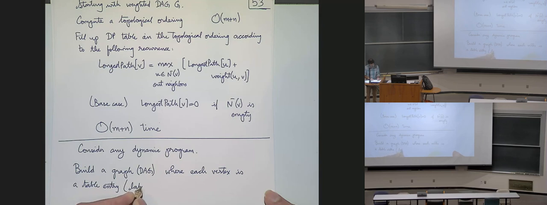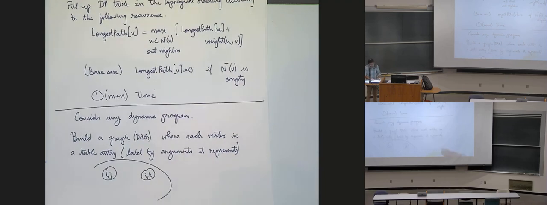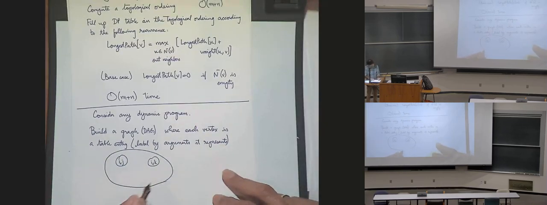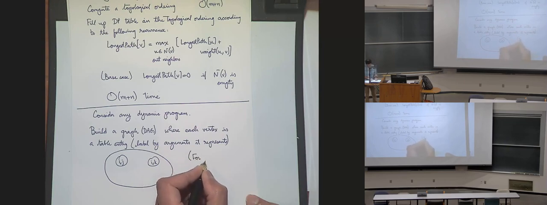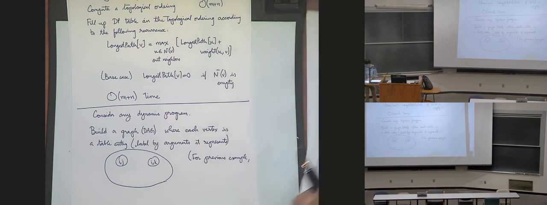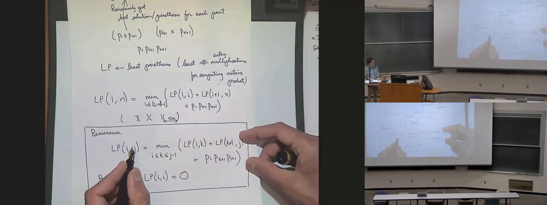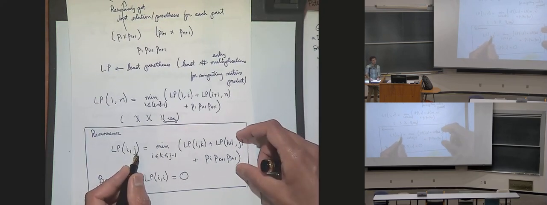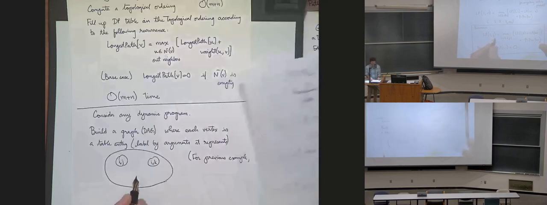And let's label it by the arguments it represents. So, for example, I would do (i, j), (i, k). For the previous example, I basically take the arguments and make a vertex for every argument. Okay?